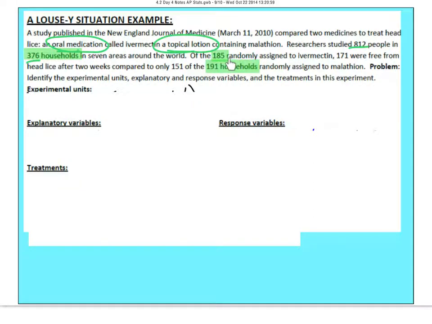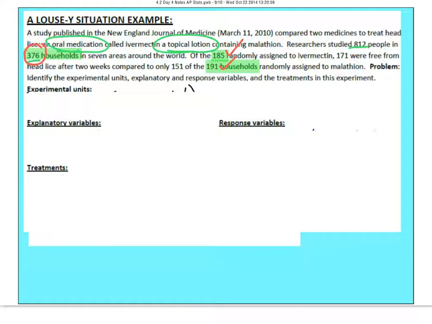Of the 185 randomly assigned to the oral medication, 171 were free from head lice for 2 weeks, compared to only 151 of the 191 households randomly assigned to the lotion. So what you're seeing here is our sample was 376 households, 185 of them were on the oral medicine, and 191 were on the topical lotion.